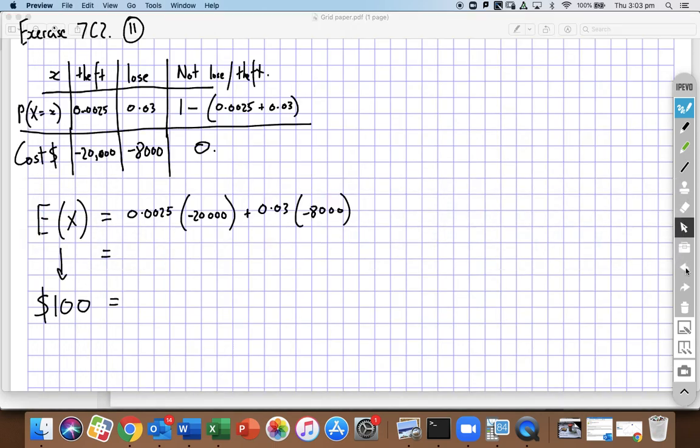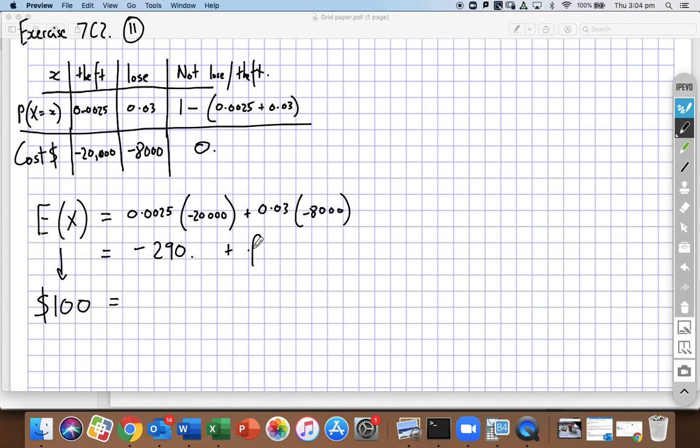Let's write that number down. Minus 290. It's like saying if they weren't charging a fee, they could expect on average, every time they had to insure a $20,000 ring, to lose $290. But they are charging a fee.